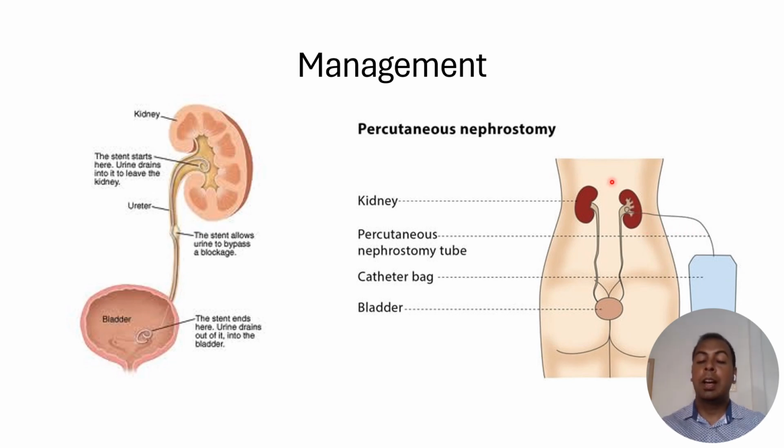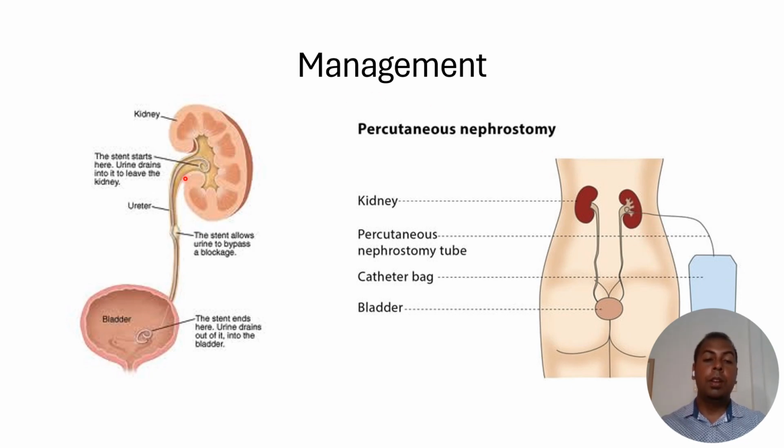For example, if a patient had hydronephrosis compromising kidney function, or the patient has an infection or a UTI, that could potentially lead to pyelonephritis, infection of the kidney itself, and that could eventually lead to sepsis, which could be detrimental for the patient. So we could relieve this pressure and drain the urine into the catheter bag using a percutaneous nephrostomy tube. That's one surgical technique that can be done to relieve pressures in the kidney.